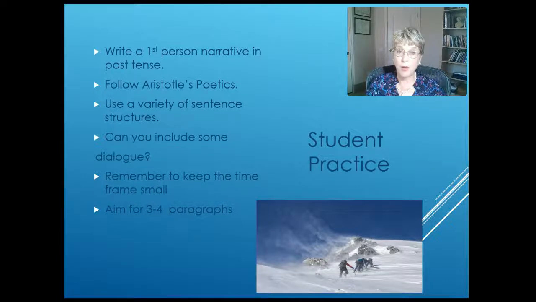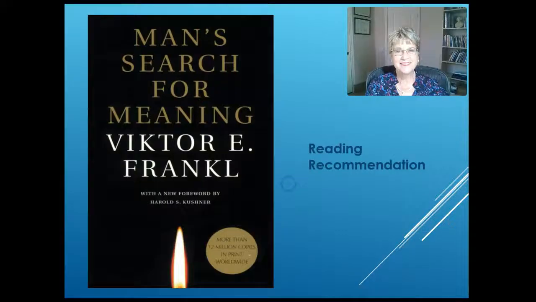You're just writing about one small event where you were forced to make a decision and you were different as a result of that decision. Aim for 3 or 4 paragraphs. I wouldn't go more than 6 because you want to stay in that nice tight time frame. This will take longer. Be patient with it and take the time to test your story against Aristotle's Poetics.